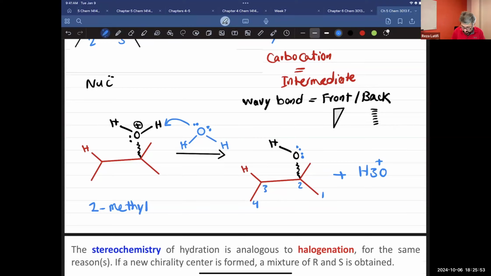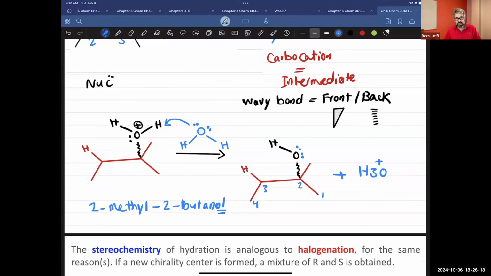Okay, and then 2-methyl, we have alcohol. Where is it? Is it on the second carbon? So you can call it 2-butanol. Okay, and nol, OL stands for OH.